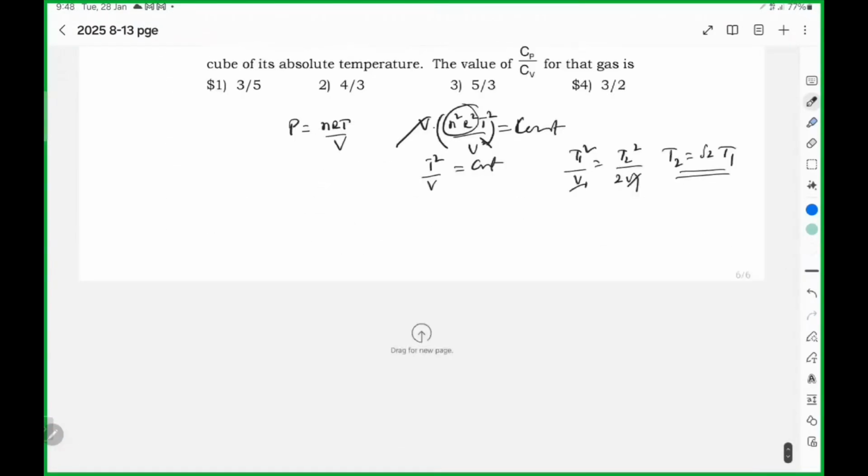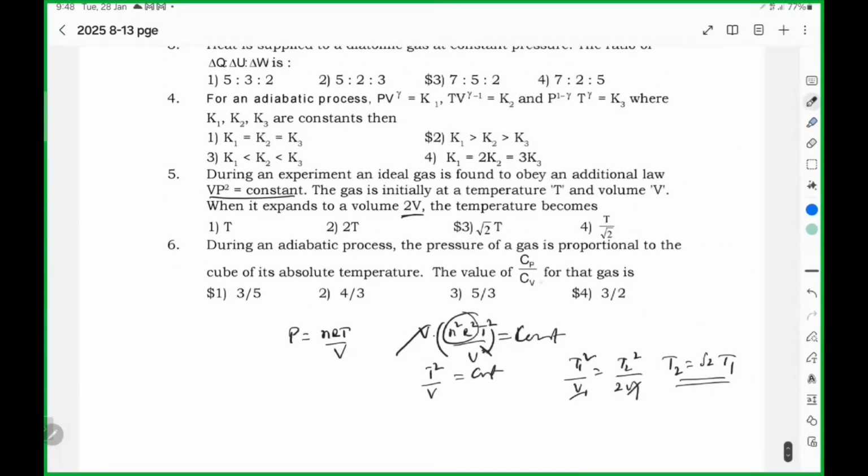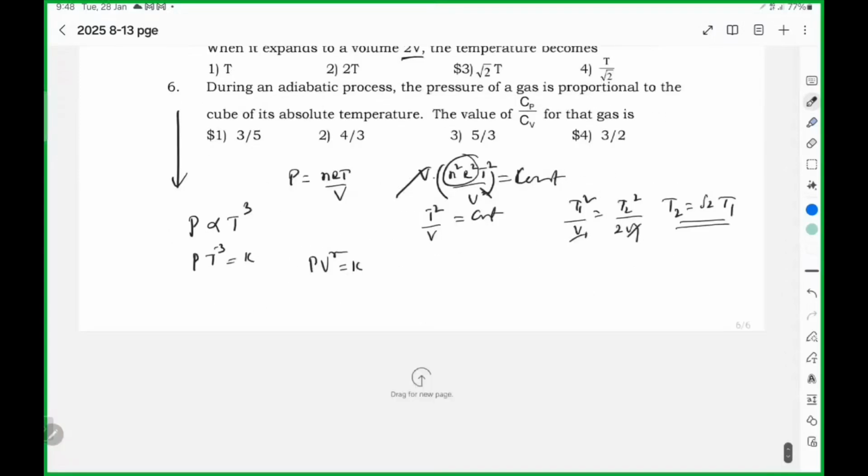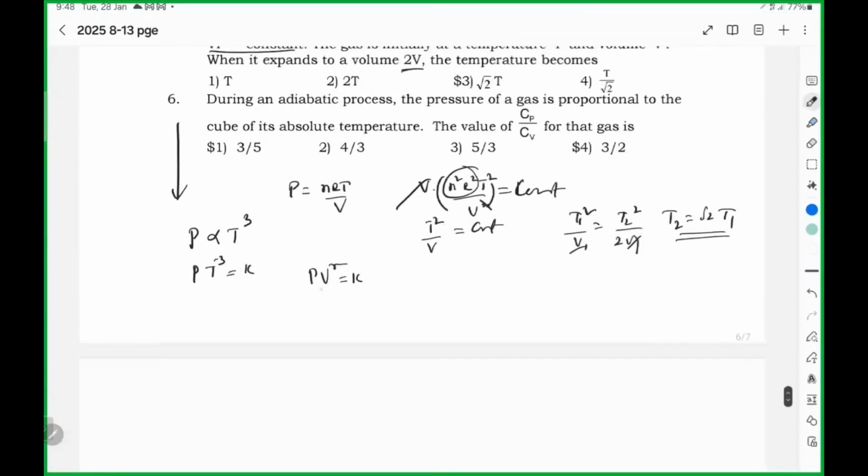And during an adiabatic process, the pressure of a gas is proportional to the cube of temperature. So P T power minus 3 is constant. We know that PV power gamma is constant in an adiabatic process. In terms of T, V is nRT by P, so P (T by P) power gamma is constant.